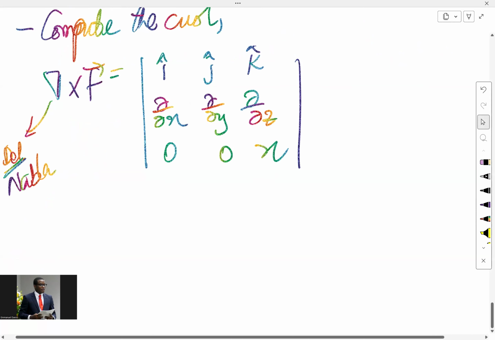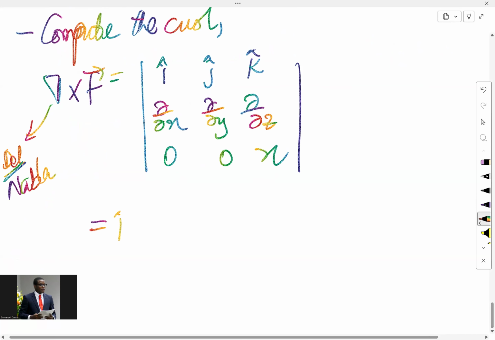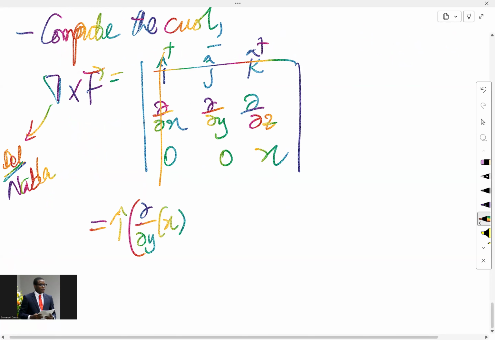I is outside, plus, minus, plus, and cross this and cross this. So you have d dy of x minus d dz of 0.